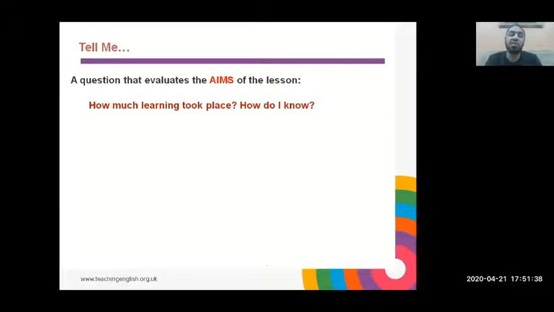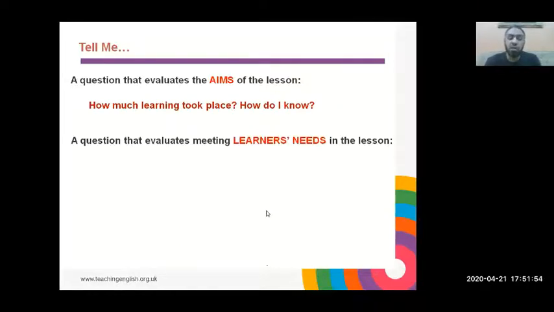And if I want to evaluate the meeting of the learners' needs in the lesson, I can ask myself, how engaged and active were the students inside the class?